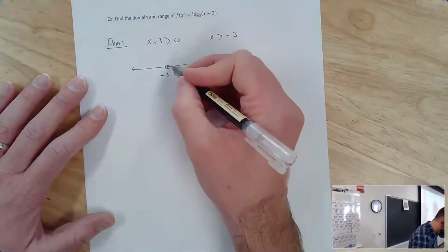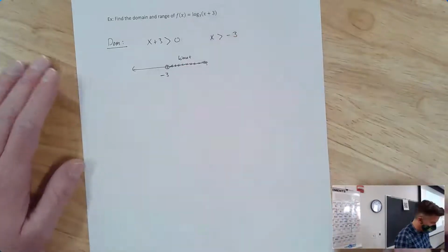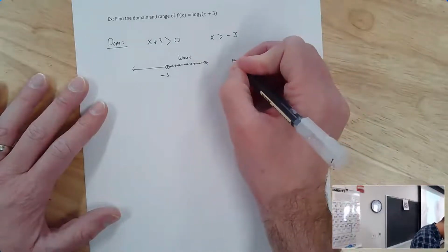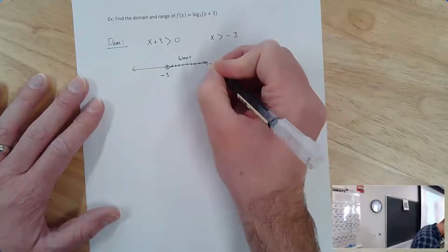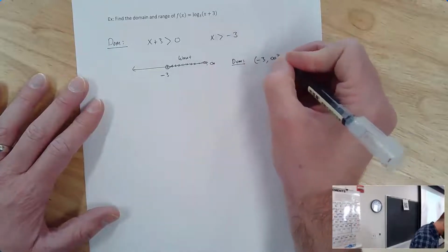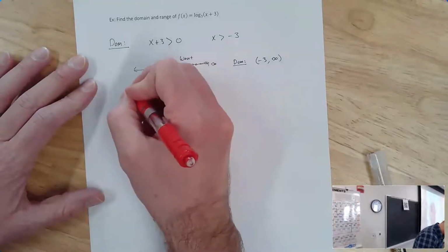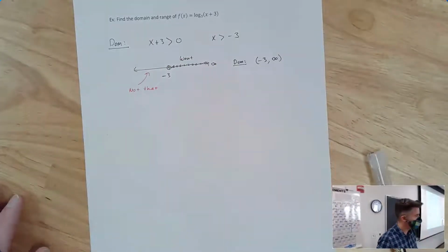I want all of this over here, everything to the right of -3. So my domain is going to be -3 exclusive to positive infinity. We don't want any of this. There's our domain. There's not much more to it.